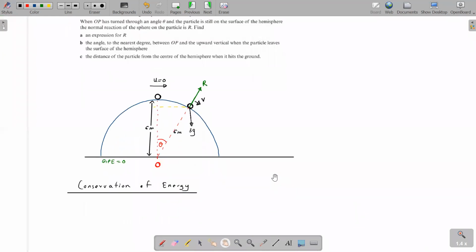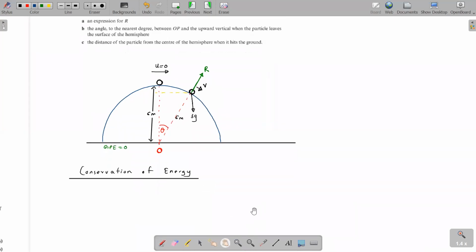So let's apply the law of conservation of energy. Initially we have GPE, because I have marked my GP level down here.